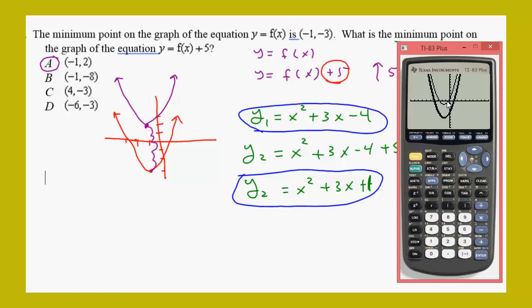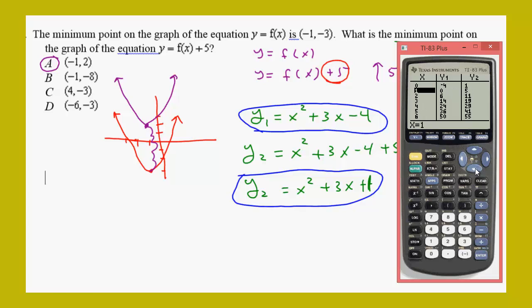Another way to check if it's going to go up by 5 or something else is to go to the table and pick any points. This is the x value. y1 represents the first function, and y2 represents the second function. Let's pick 0. The first one is -4 and the second one is 1. The difference between -4 and 1 is 5.